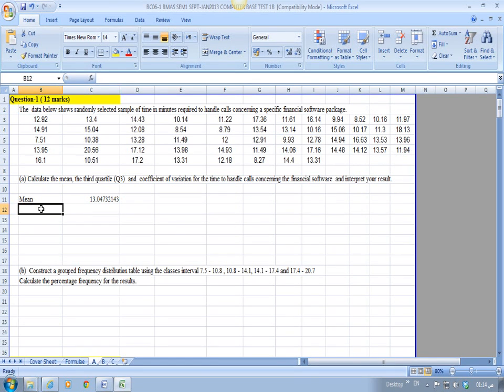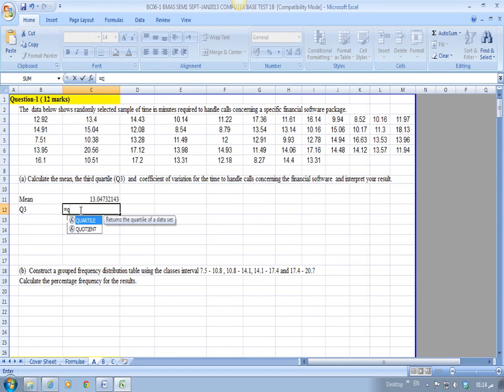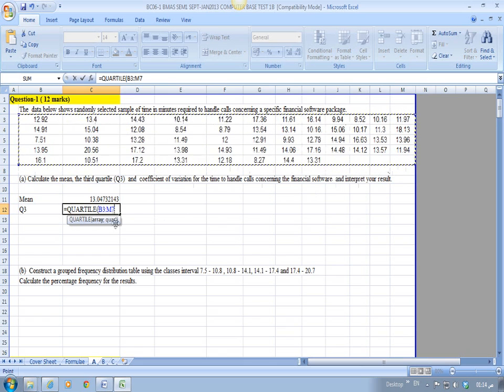Second part, Q3. The formula for quartile is QUARTILE, so it is equal QU, and then you see here quartile. Double click it, the computer will complete that for you. Highlight the data, and here the quartile array, then a semicolon.